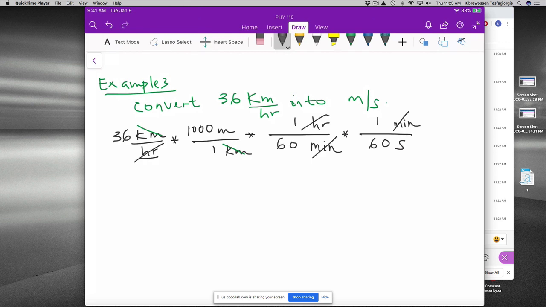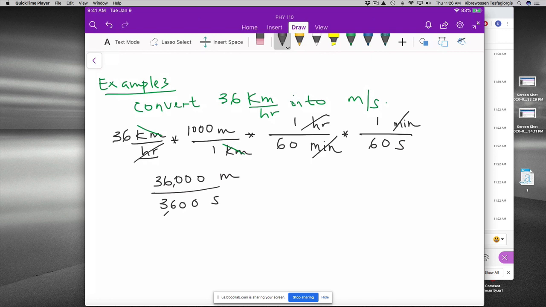So 36 times 1,000 times 1 times 1, that will be 36,000. The only unit that you are left with in the numerator is meter. You divide that by 1 times 1 times 60 times 60, that is 3,600 seconds.